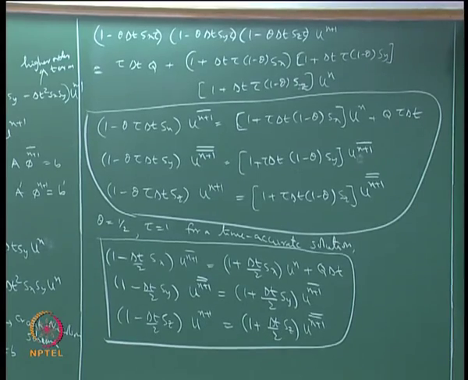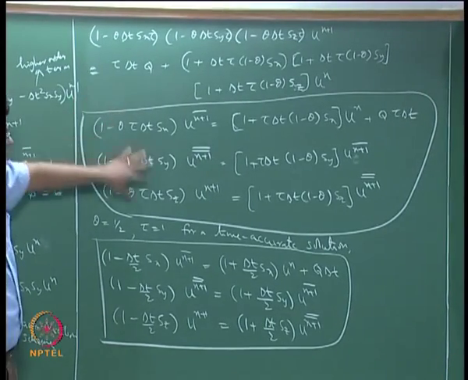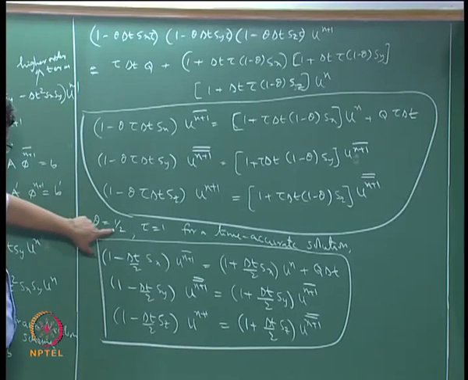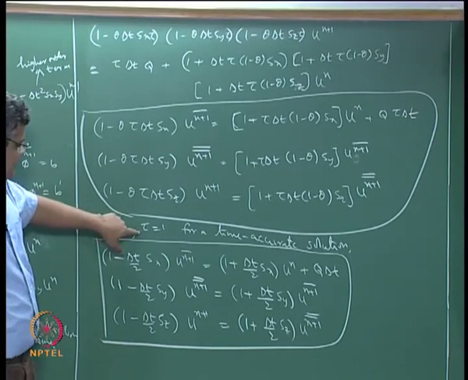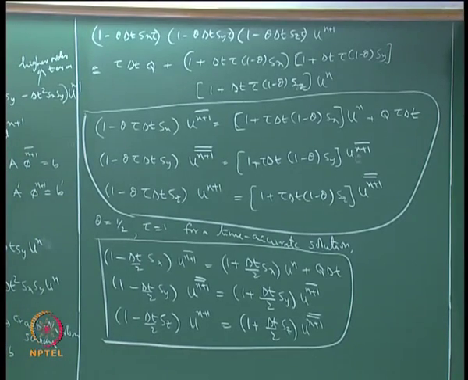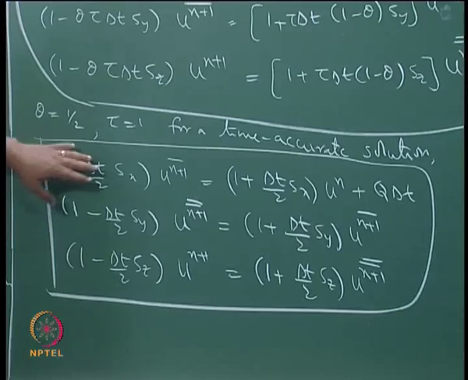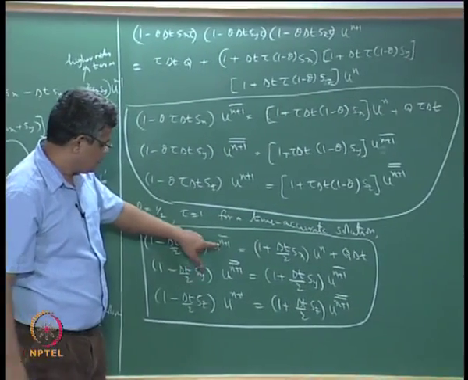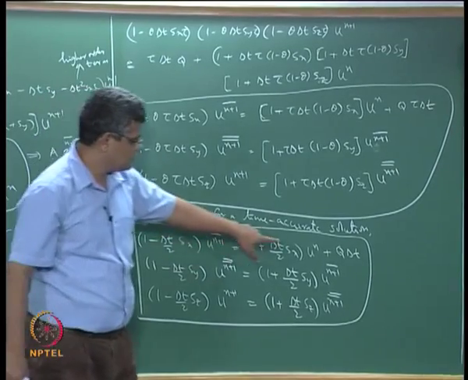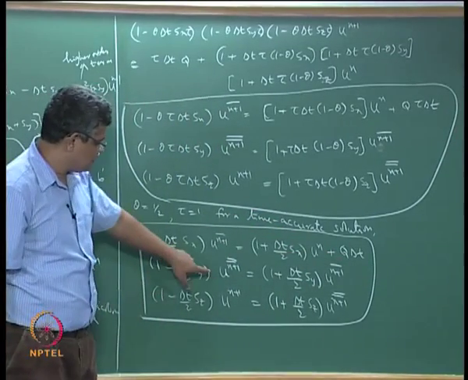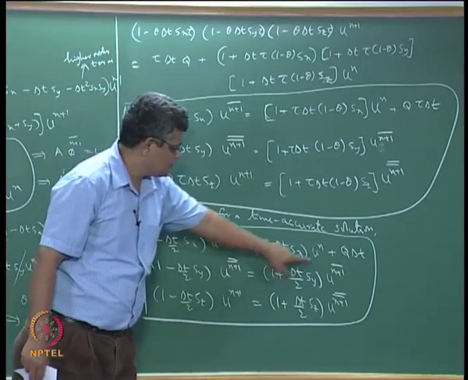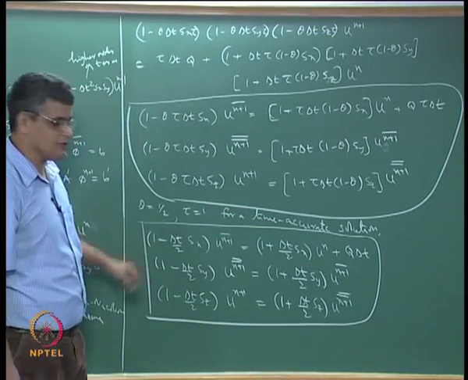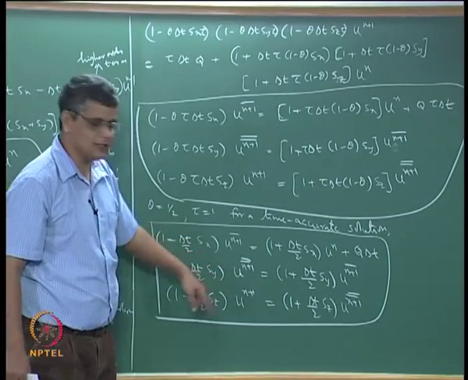Okay, so this is a simplification of the same generalized expression for theta equal to half, making it Crank-Nicolson, and tau equal to 1, so that we have a time accurate solution, and one can see readily the explicitness of this and the relation to the simple form that we have here, and also how this n plus 1 bar term here includes the information of q, but not n plus 1 double bar and n plus 1, because q is already in a way added to the first evaluation, and that first evaluation is feeding into this.